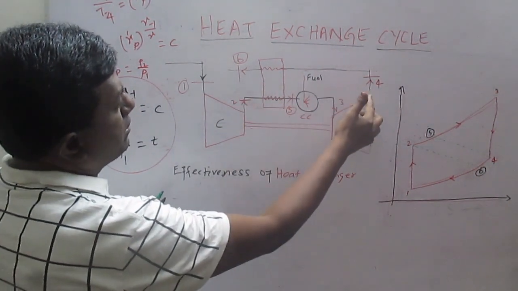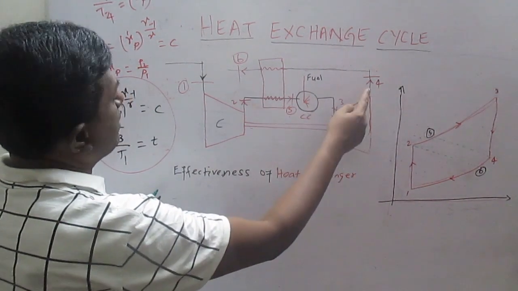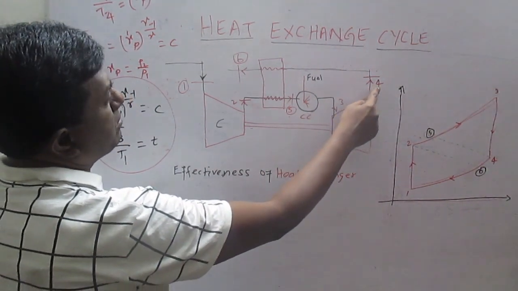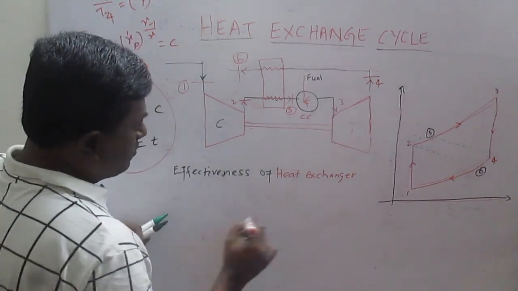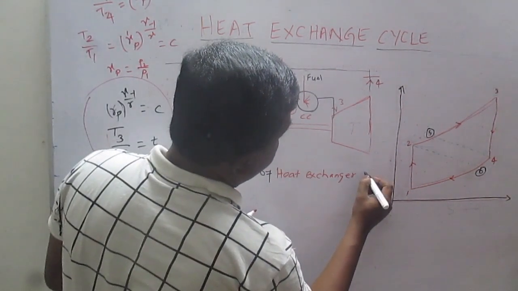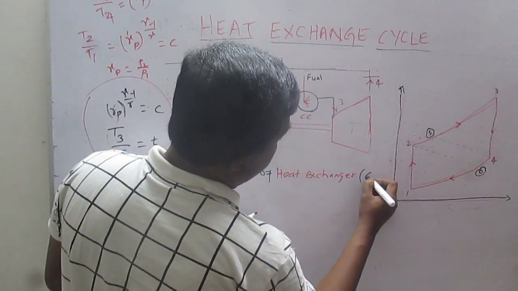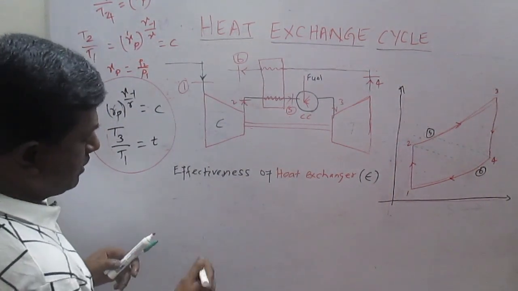Then the maximum temperature difference available, if you see, is nothing but T4 and T2. This is the symbol for the effectiveness of the heat exchanger.